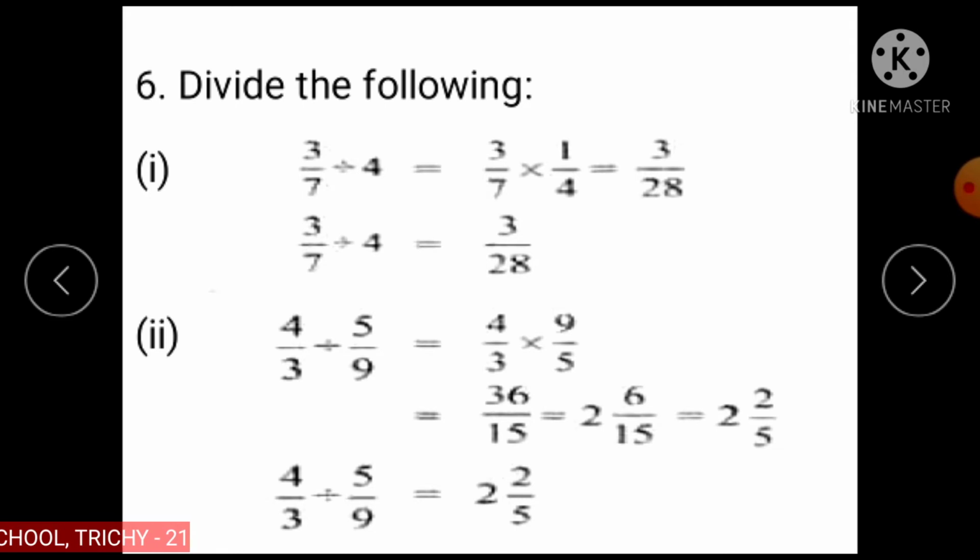Subdivision 2: 4 by 3 is divided by 5 by 9. So first we take the reciprocal of the second fraction. The reciprocal of 5 by 9 is 9 by 5. So here division is changed to multiplication. 4 by 3 multiplied by 9 by 5, we get 36 by 15.